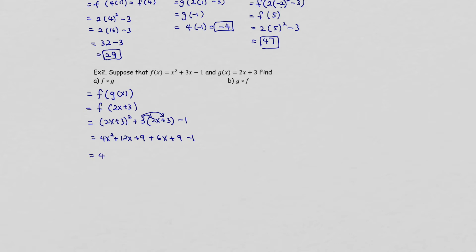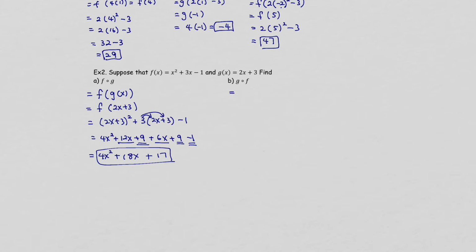You only have one squared term. These two like terms will give you 18x. These two like terms, 18 minus 1, will give you plus 17. So that's what f composition of g of x is.